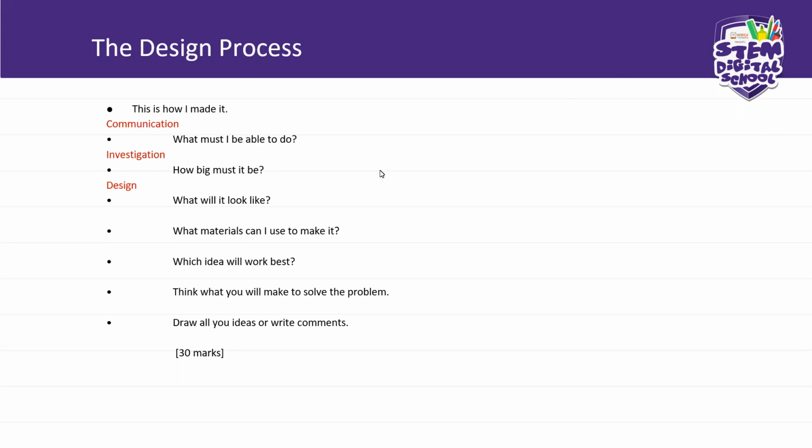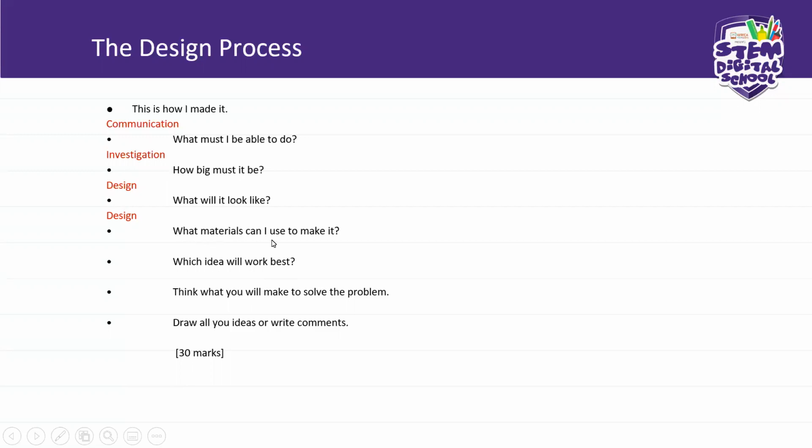Buhle said investigate. Mian said design. Let's see. Let's design. What will it look like? That is design. Remember, what will it look like? That is a specification. Okay, the specifications come into what it will look like.